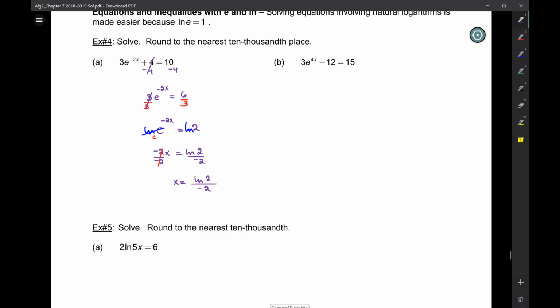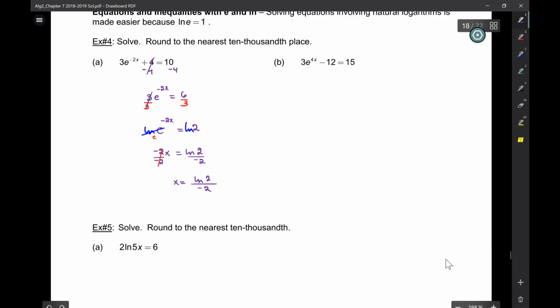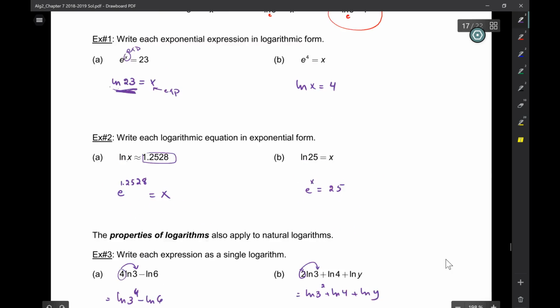Okay, so we're going to do ln of 2 in parentheses, divided by negative 2, is negative 0.3466. All right, go ahead and start on the next one.